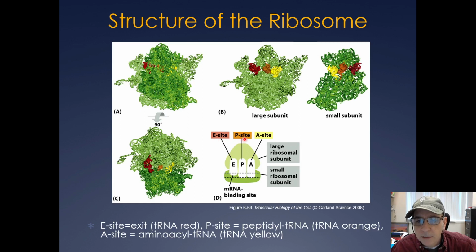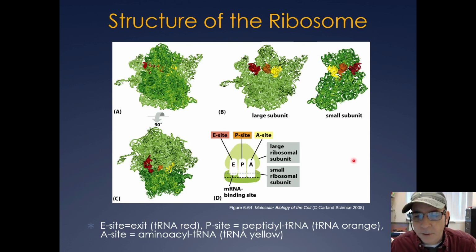There's the E site, the P site, and the A site in a ribosome, if you look at this schematic here, shown in red, brownish, and yellow. The E site is the exit site, the P site is the peptidyl-tRNA site, and the A site is the aminoacyl-tRNA site, so EPA.